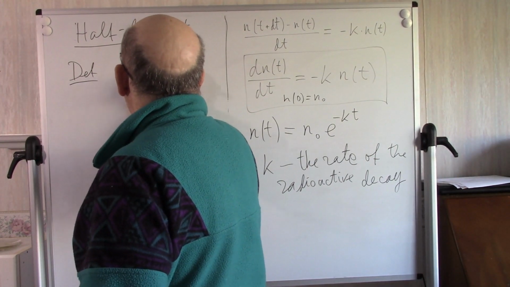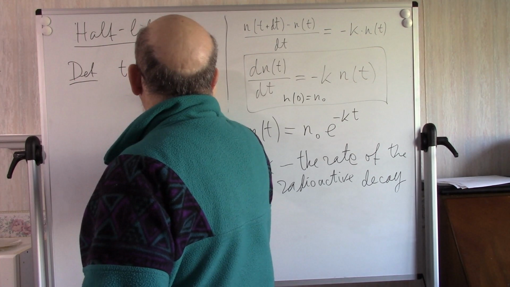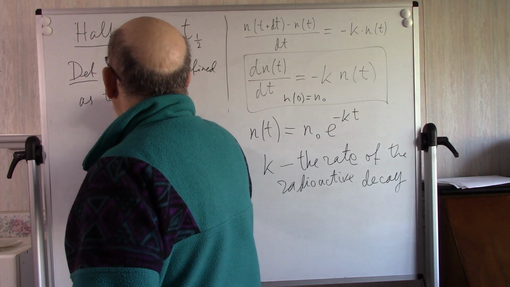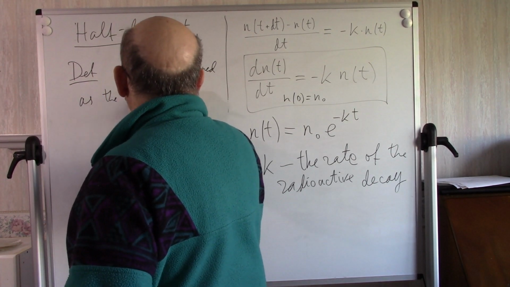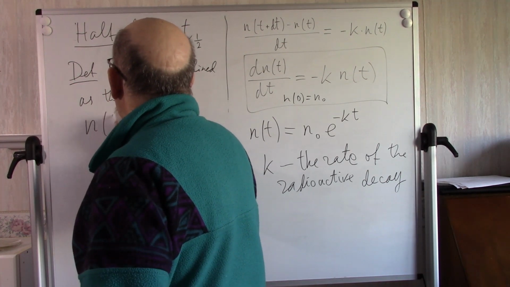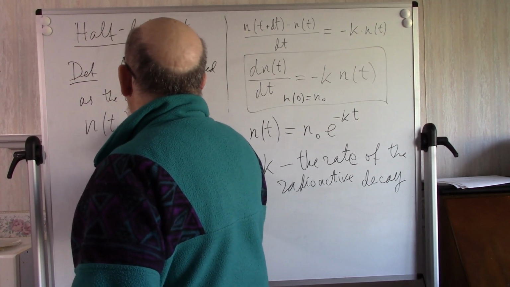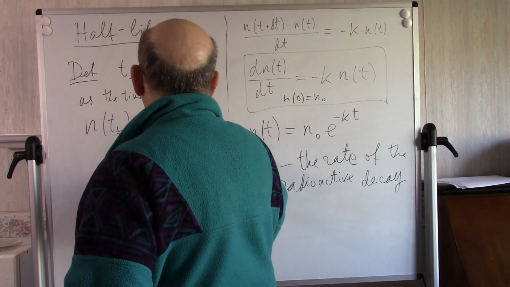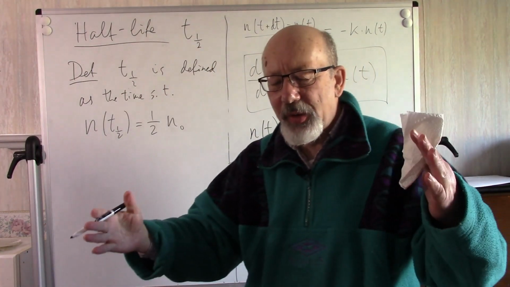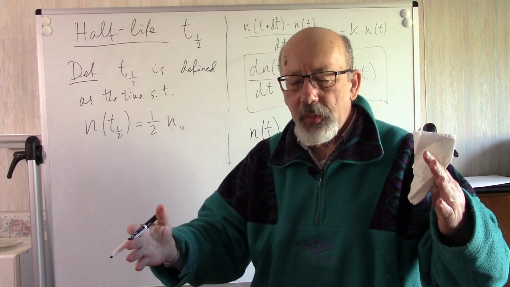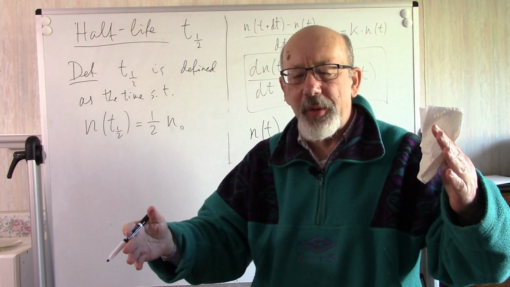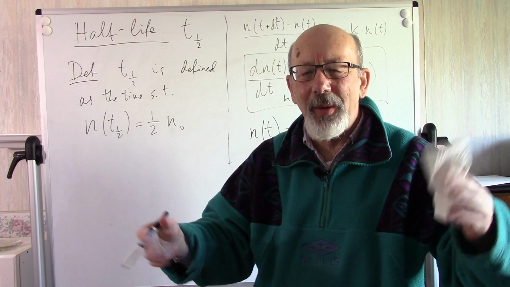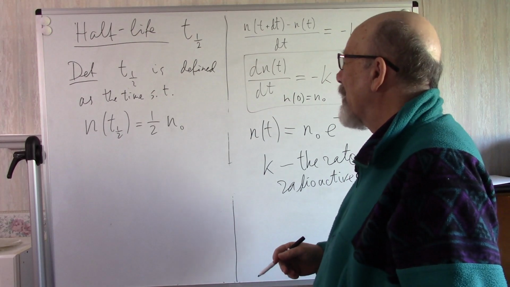T 1/2 is defined as the time such that n at the moment t 1/2 equals 1/2 n0. So it is the time which is required so that during this time just half of the atoms explode.